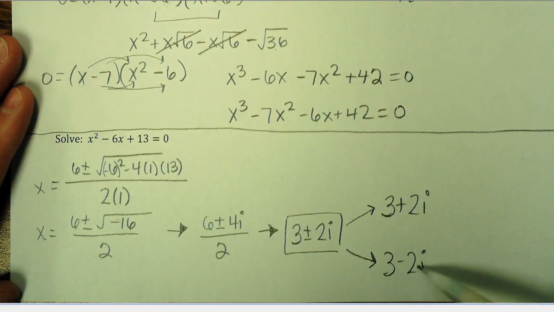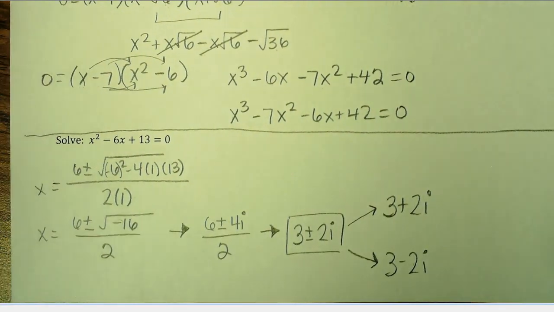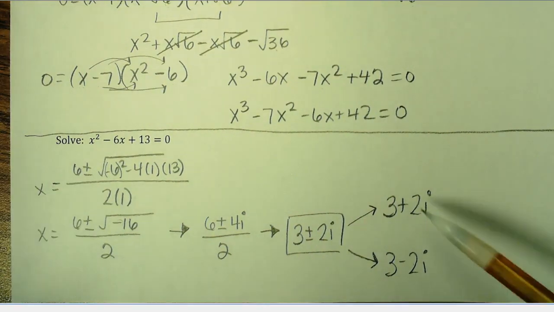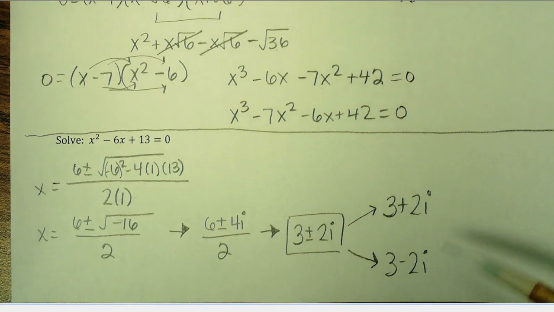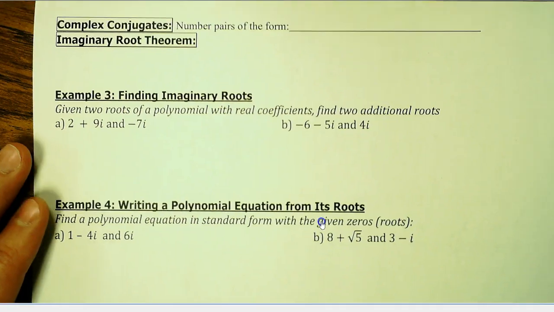These are called complex conjugates because they've got an i in them. So irrational has a radical of some kind, and complex, which we're going to talk about as soon as I flip the page over, has an i in it. So this is extremely similar to what we just did. It's just i's instead of radicals.